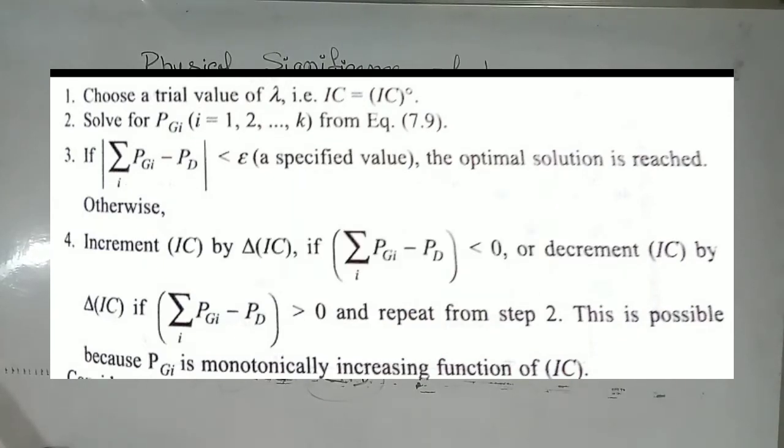The third step is, if summation PGi minus PD is less than a specified value epsilon, the optimal solution is reached. Otherwise, increment IC by delta IC if summation PG minus PD is less than 0, or decrement IC by delta IC if summation PG minus PD is greater than 0, and repeat from step 2. This is possible because PG is a monotonically increasing function of IC.